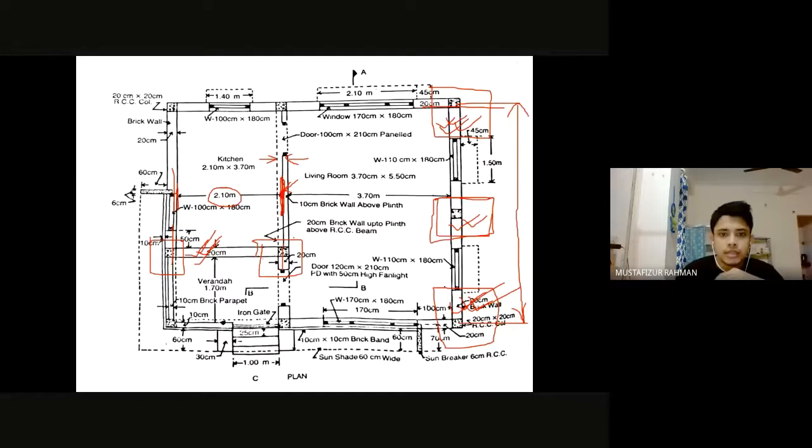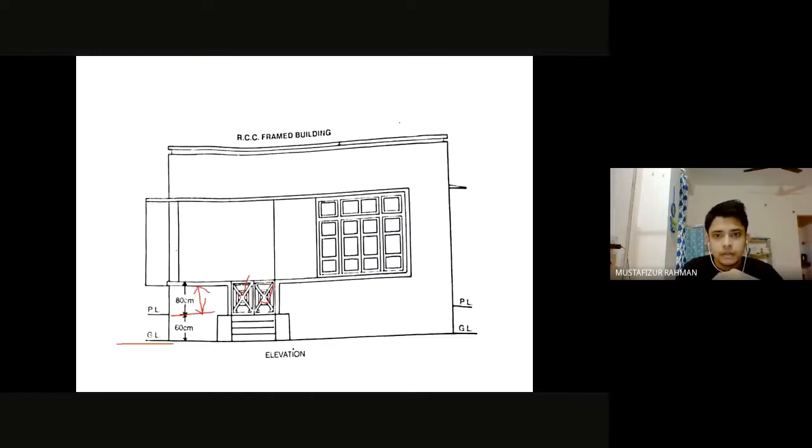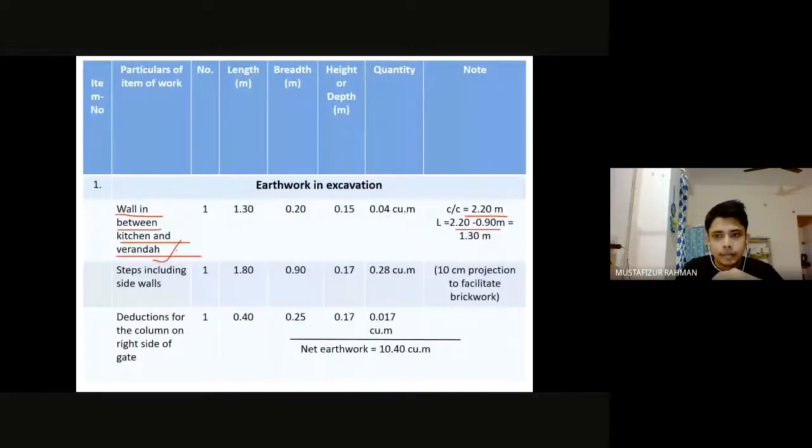So 90 centimeter and 90 centimeter already excavated. Okay, 90 centimeter or 0.9 meter by 2 on one side and 0.9 meter by 2 on the other side. This is already done. So finally we get the net length we need to excavate. Other things remaining the same, breadth and depth, we get the total volume of work.